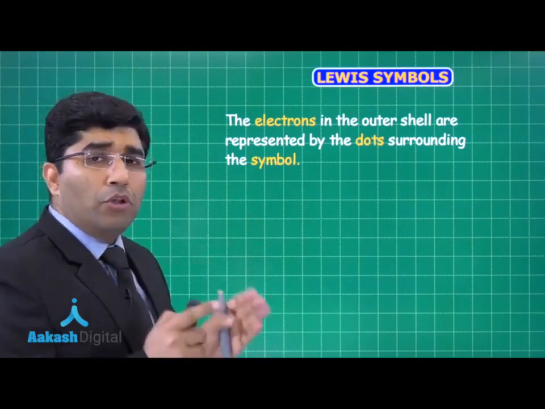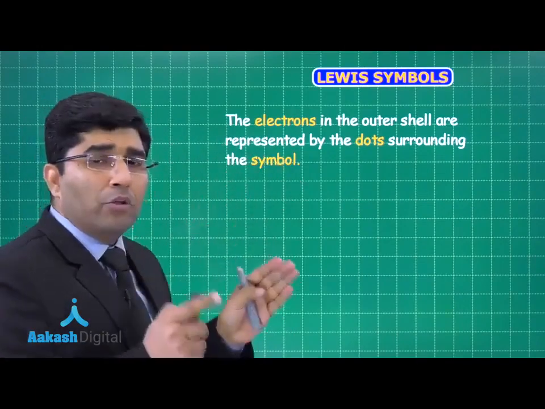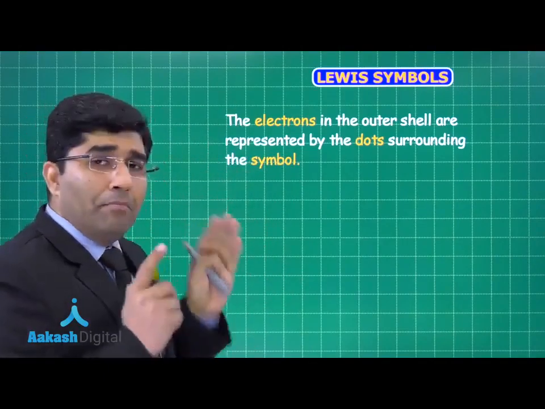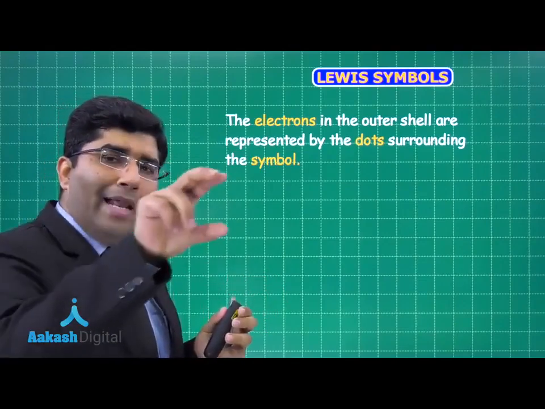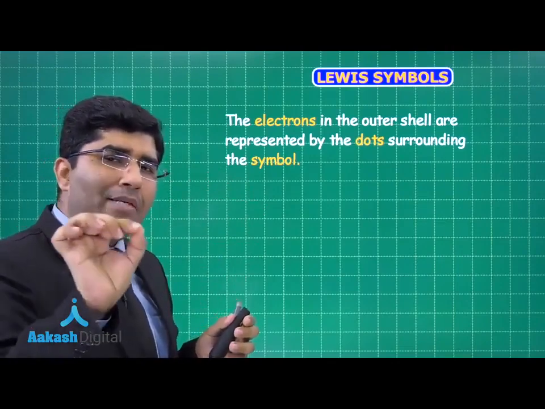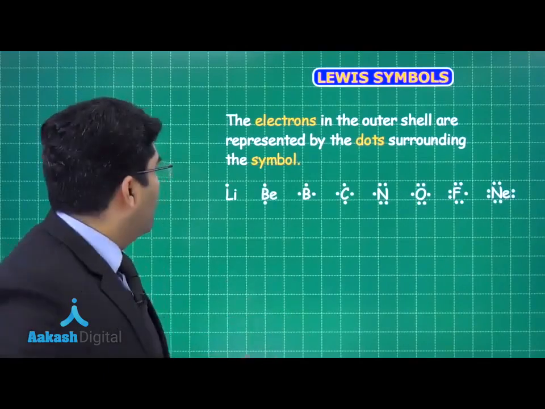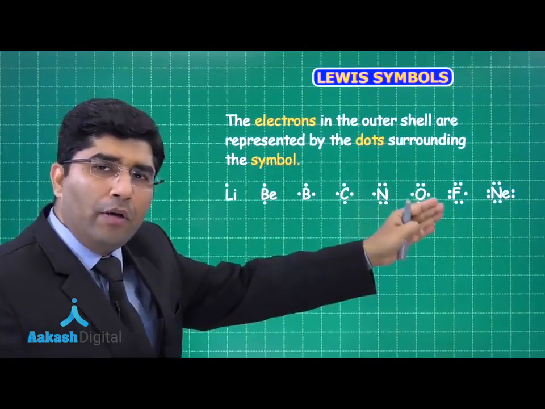Electrons in the outermost shell are represented by dots surrounding the symbol. So they made Lewis symbols. In Lewis symbols, they took the symbol of the element and represented the valence electrons by dots. For example, lithium, beryllium, boron, carbon, nitrogen, oxygen, fluorine, neon.